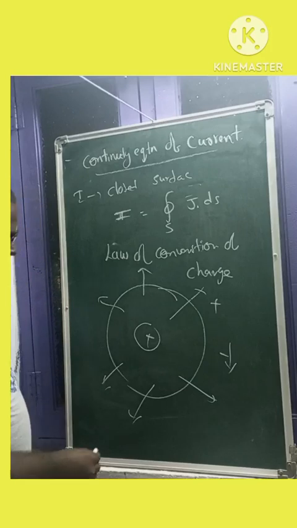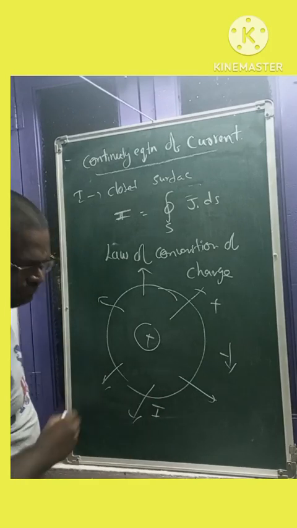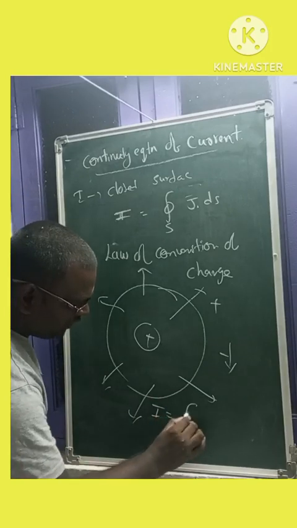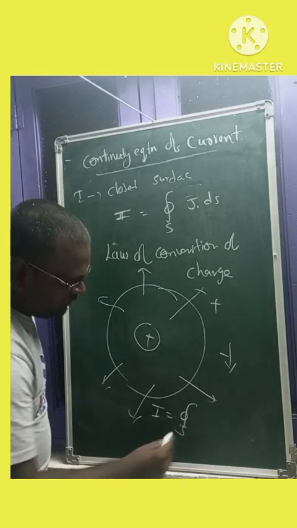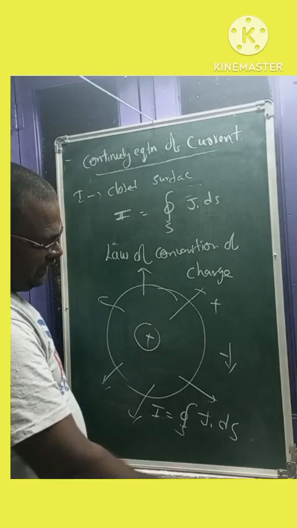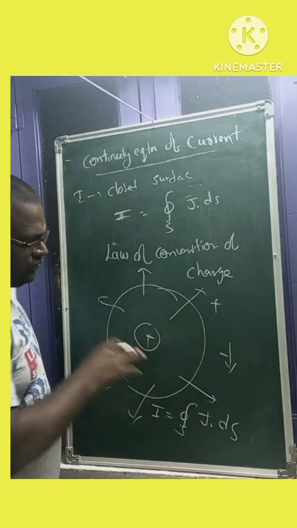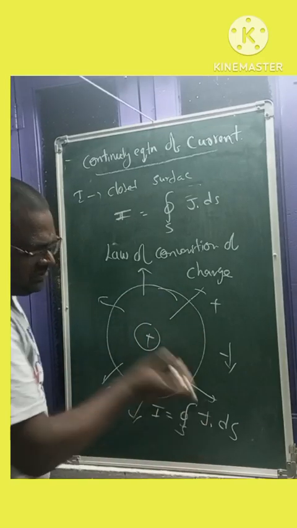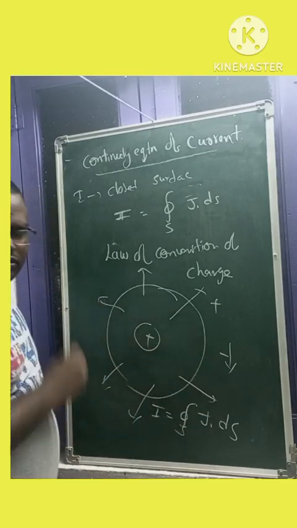So the current in the closed surface is I equal to the integral of J dot dS, the current density over the surface.